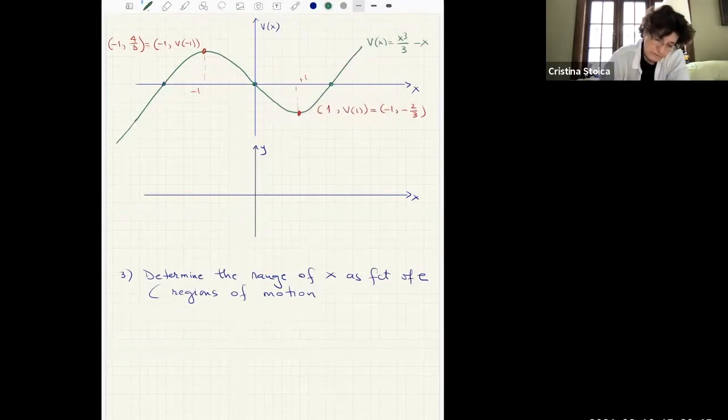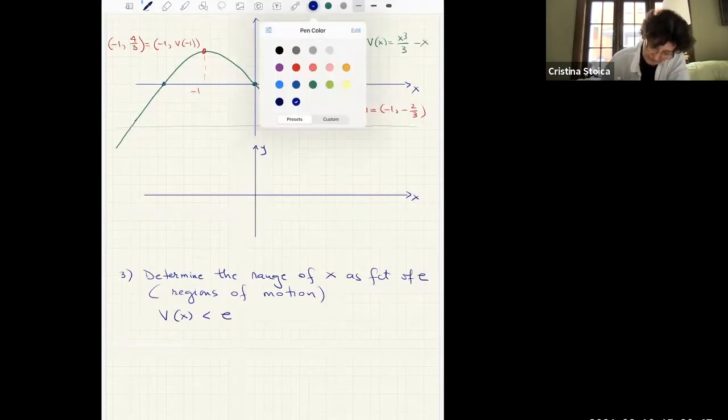Okay, so now we're going to take a level, this is going down. All right, if we take a level of energy that is lower than the bottom of the potential, remember, the regions of motion are determined by V of x having to be under the level of energy.